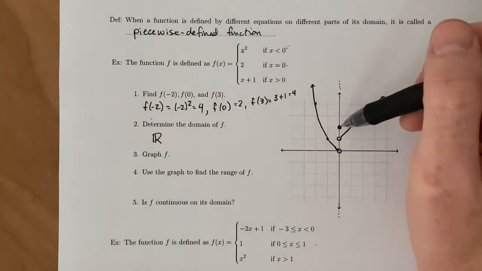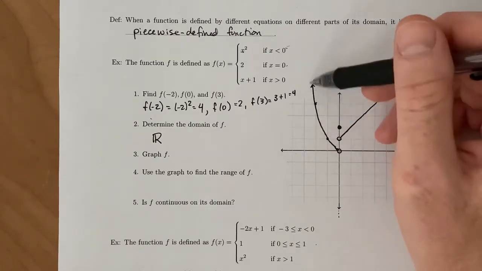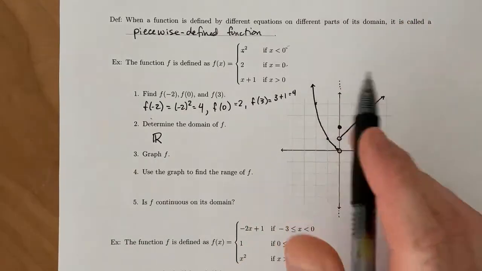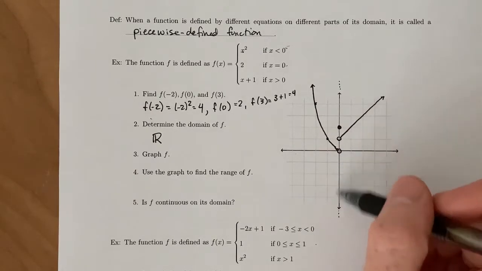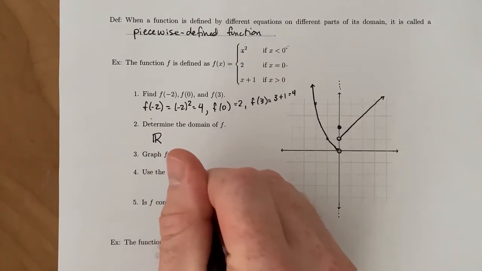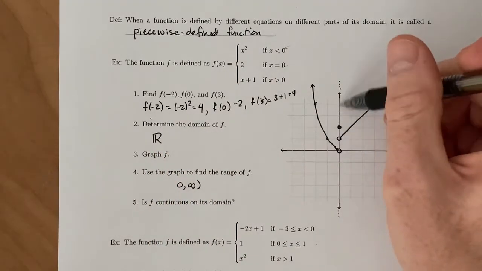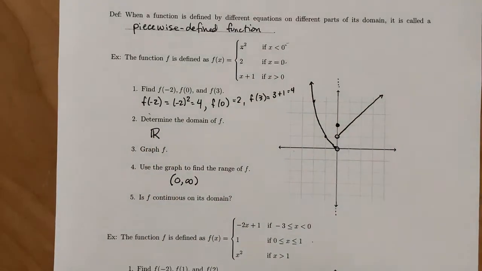And anything that's coming from either this dot or this line will also cover up parts of what this will cover up. And so we're missing 0 and all negative numbers, which means we go from 0 to infinity, right, up that way, and we don't include 0. That is our range.